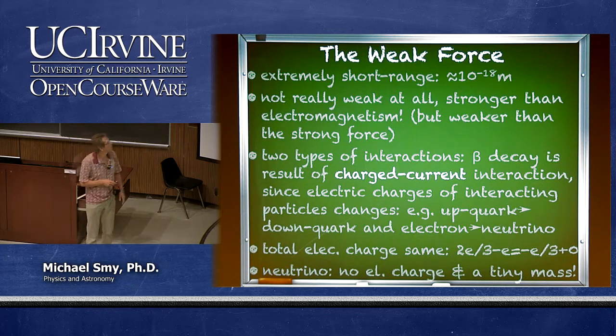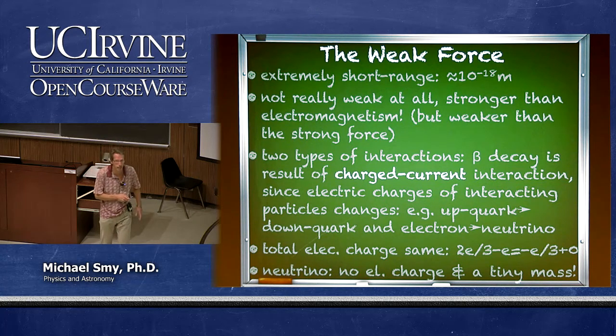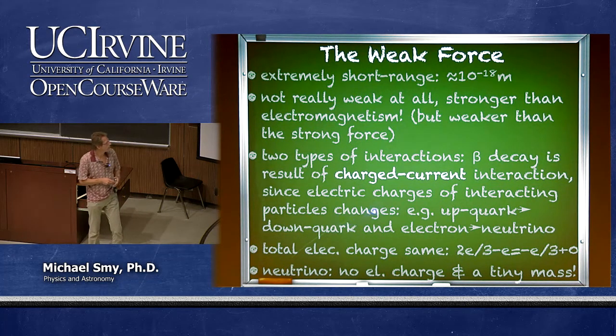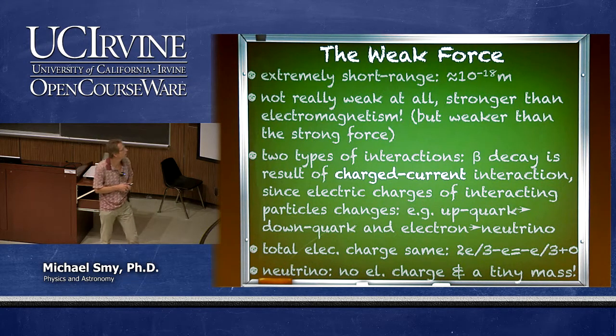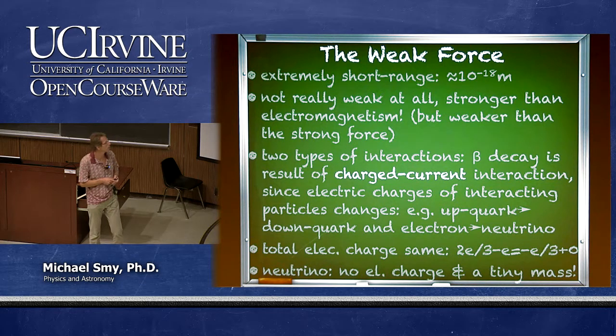And there are 2 types of interactions for the weak force. What we are concerned with here are the so-called charge-current interactions. And they're called charge-current interactions because they involve changes of charges in particles when the interaction happens. So, for example, we can change an up quark into a down quark, and that changes the charge from plus 2/3 times the elementary charge to minus 1/3 times the elementary charge.